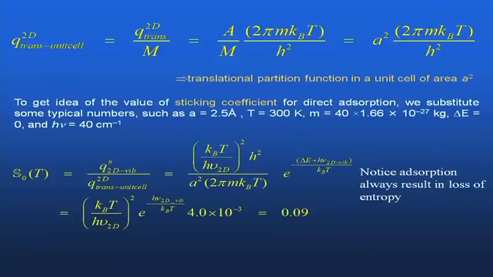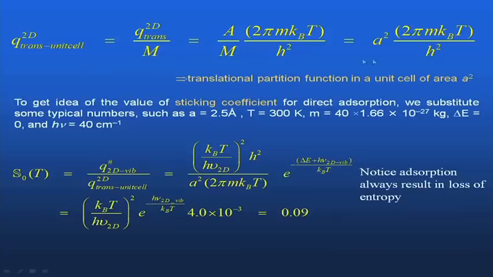Next is Q translation of the unit cell in 2 dimensions, which is basically Q trans divided by m. Unit cell means a squared cell in 2 dimensions.